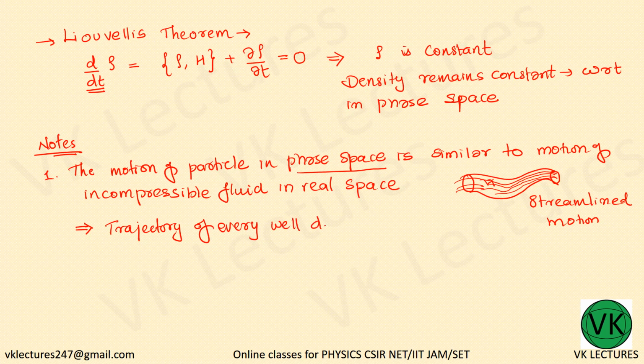It cannot be moving randomly. It has to be well defined. It also gives another conclusion, that no two trajectories can intersect each other.